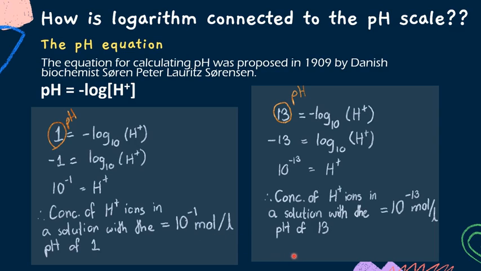And here, the solution with a pH of 13 has a concentration of 10 to the power negative 13 mole per liter. So this is the use of logarithm in finding the concentration of hydrogen ions in solutions and working out the pH of a solution.